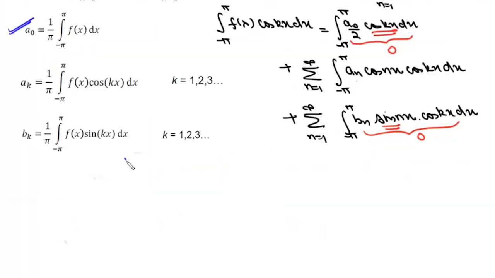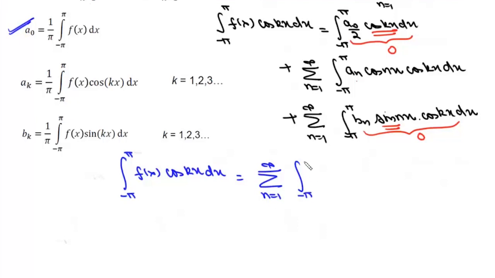So now we can write this as the integral from minus pi to plus pi of f(x) cos kx dx, which will be equal to the summation n varies from 1 to infinity of the integral from minus pi to plus pi of an cos nx into cos kx dx.